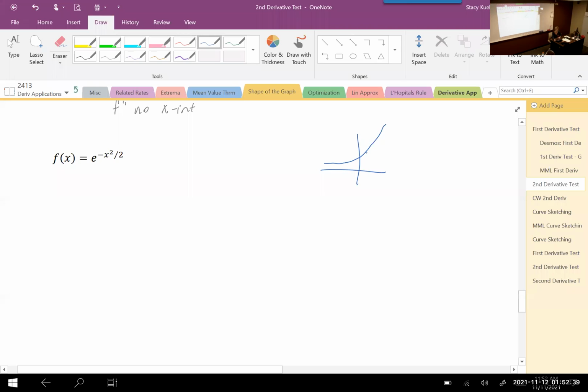In essence, sort of. What did you do? You did x cubed, do the fourth. It's a bump still, isn't it? e to the x to the fourth, yeah, it's really good.